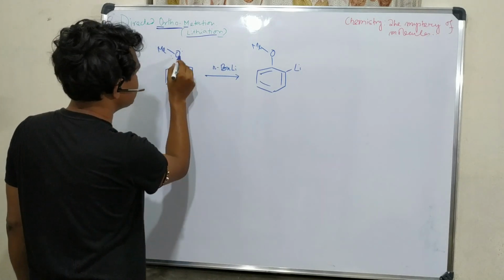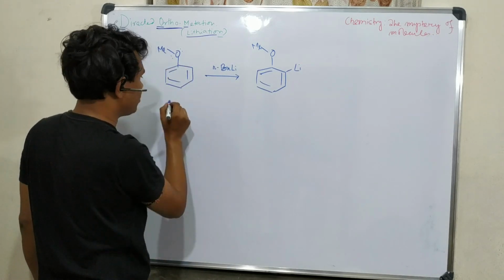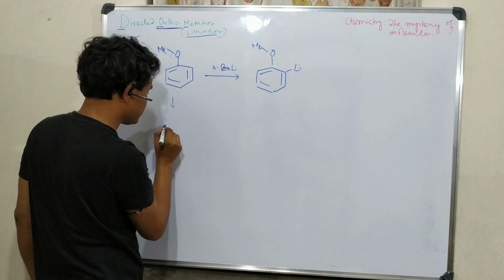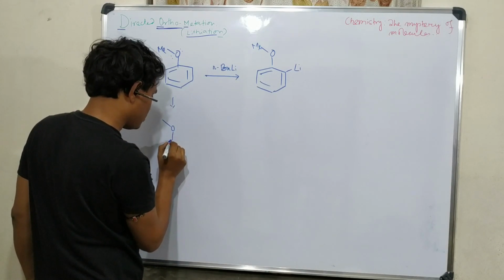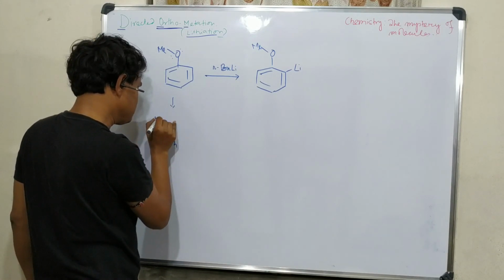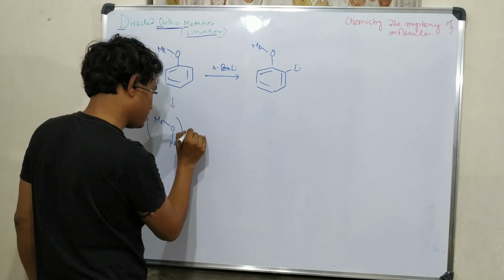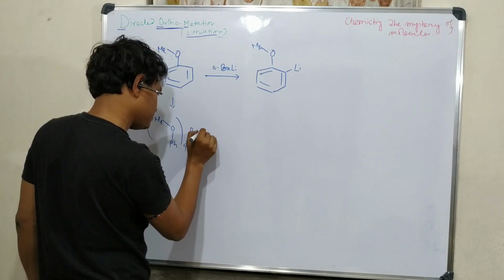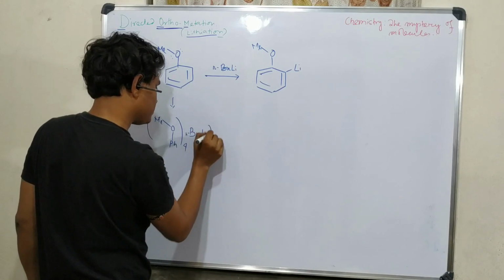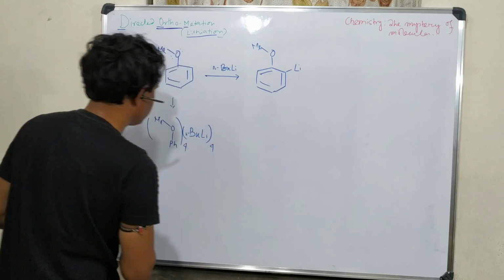First, this anisole forms a tetramer with butyl lithium. How?